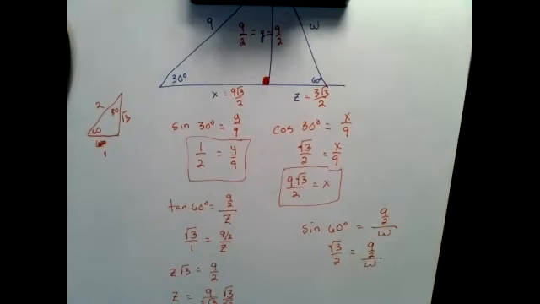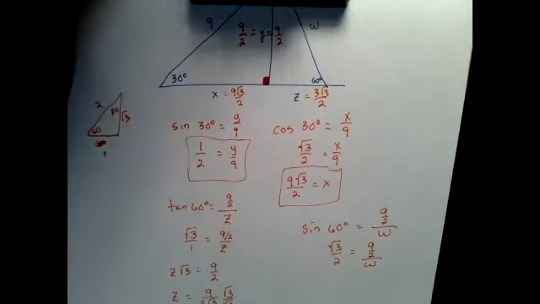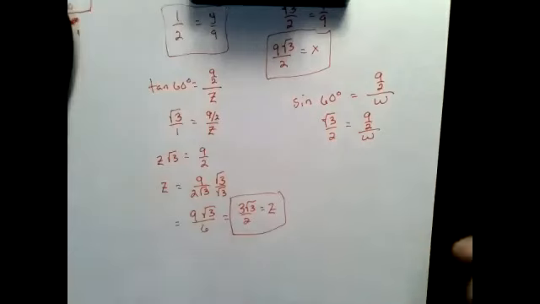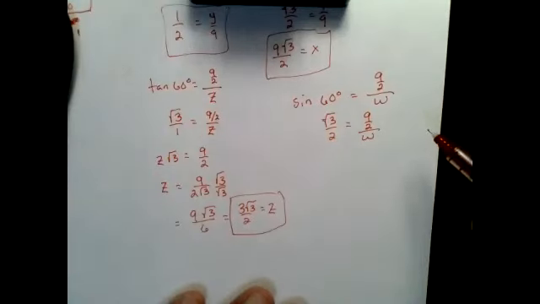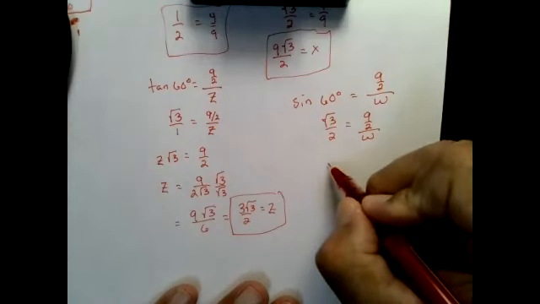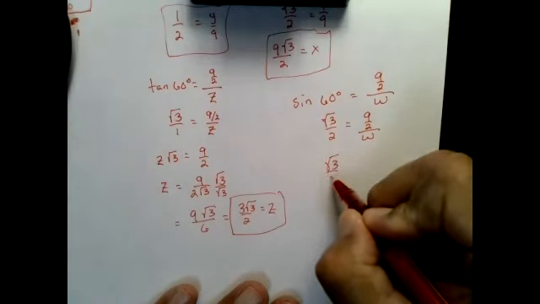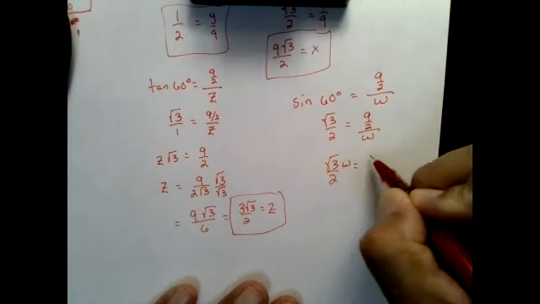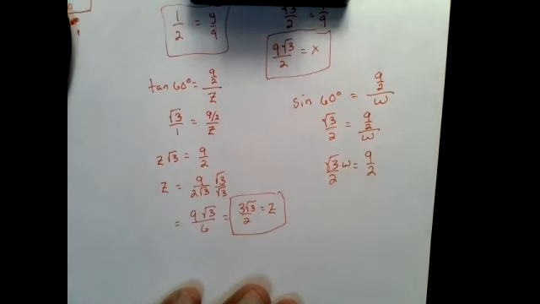That's kind of ugly. And if we were in a classroom with a whiteboard and everything, I'd have you all up at whiteboards all over the place. Multiply by w. So now I have the square root of 3 over 2, w equals 9 over 2. Multiply both sides by 2.